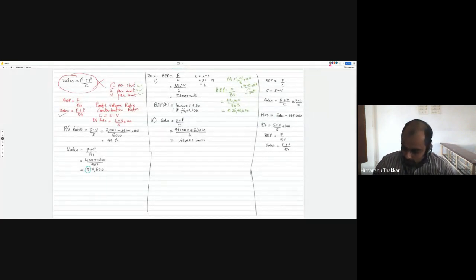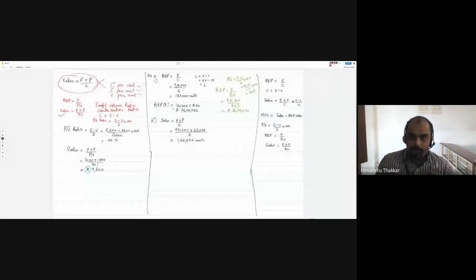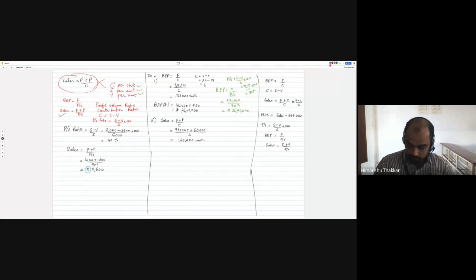Total fixed cost is 7,92,000. See, factory overheads 5,40,000 plus selling overheads 2,52,000. So total fixed cost is 7,92,000, not 8 lakh. Did I make you write 5,48,000?